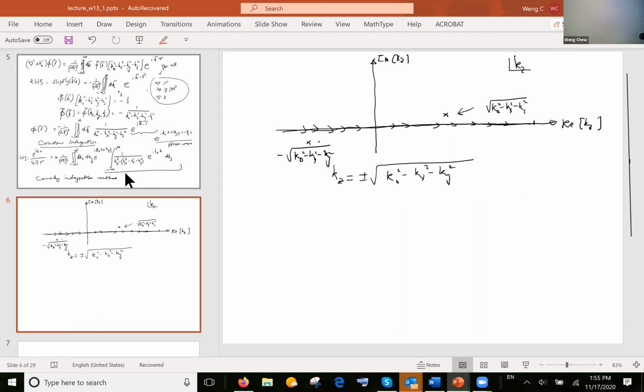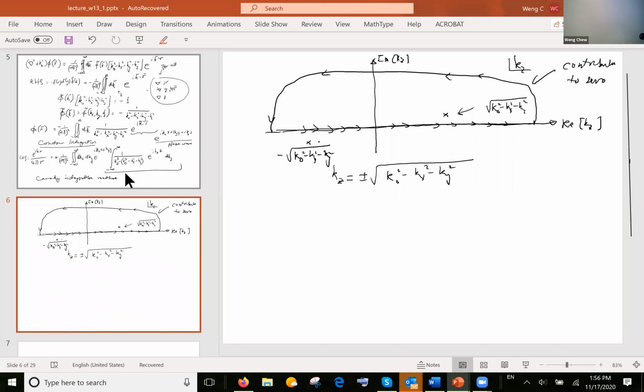Okay, and then you can use the Cauchy integration technique that says that the integration along the real axis will be the same as integration along the real axis plus this integration. And this additional integration that I have added contributes 0.